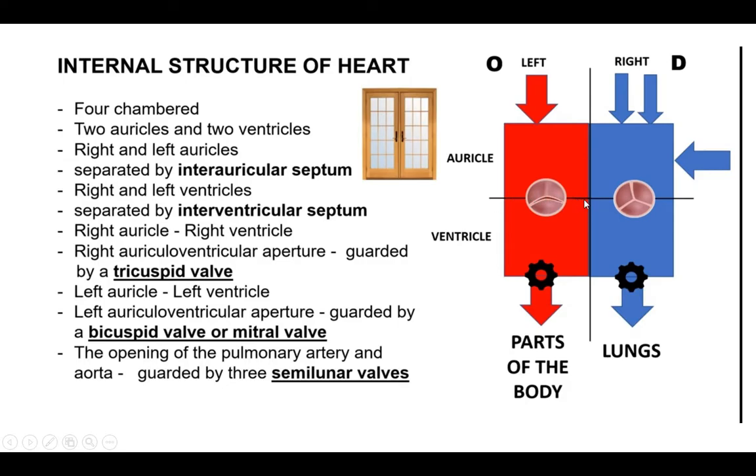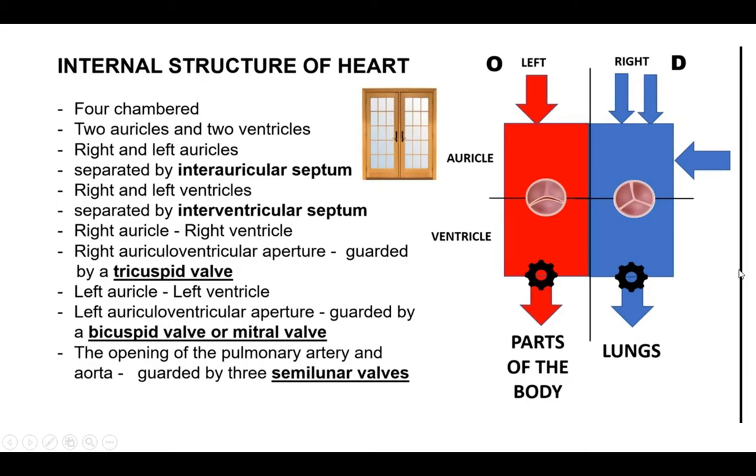It is guarded or protected by the bicuspid valve. So on the left side, you remember, there is the bicuspid valve, or else you can say it is the mitral valve. Where is it present? On the left side. So the left division has the auriculoventricular aperture guarded by the bicuspid valve.